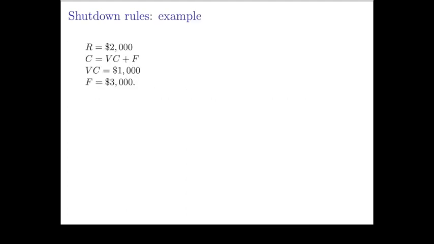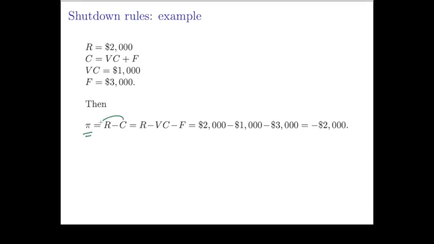Let's look at an example to make this clear. Suppose your revenue is $2,000 and your cost is comprised of a variable cost and a fixed cost. Let's say your variable cost is $1,000 and your fixed cost is $3,000. So your profit is your revenue minus your cost.